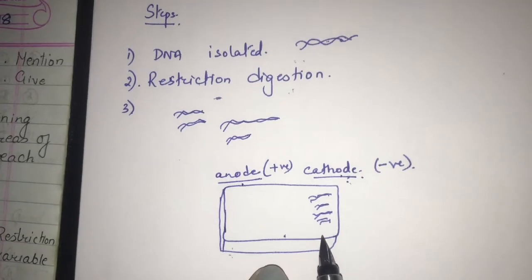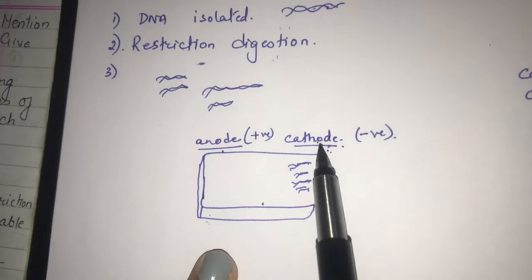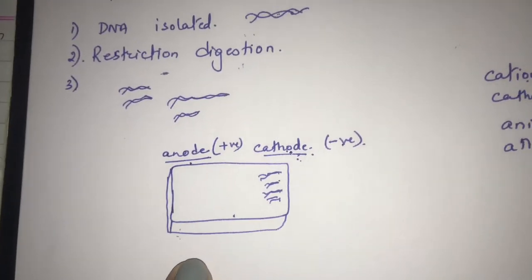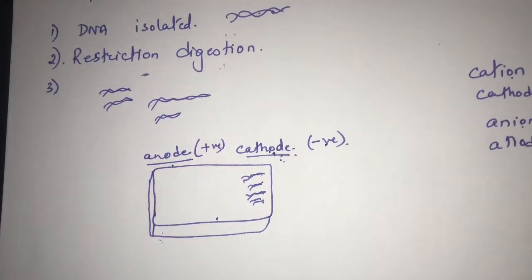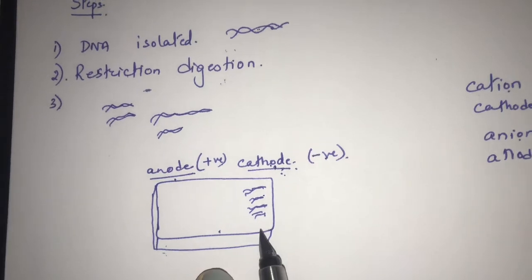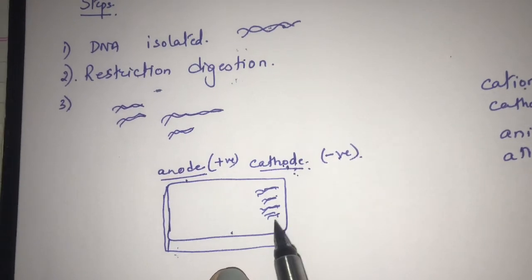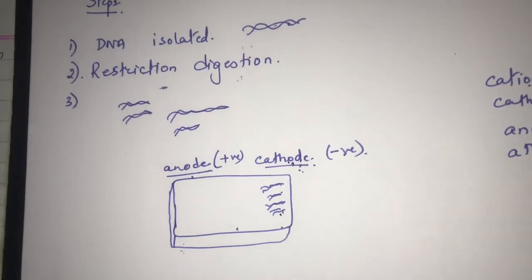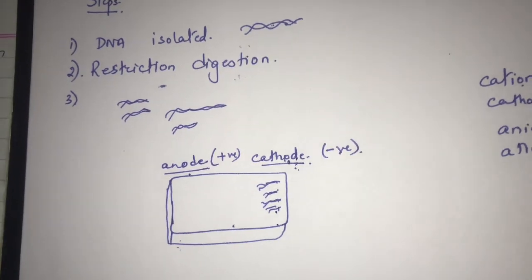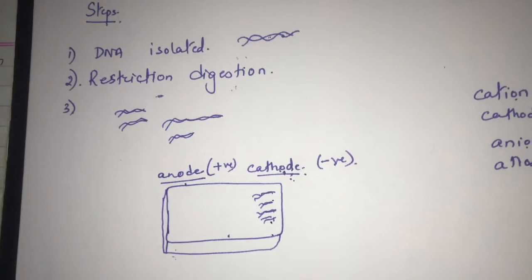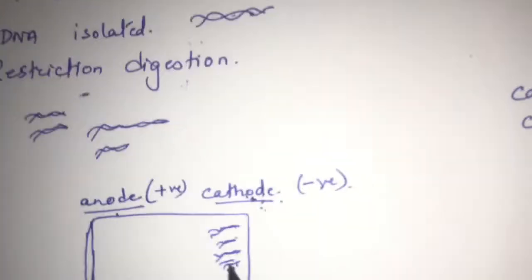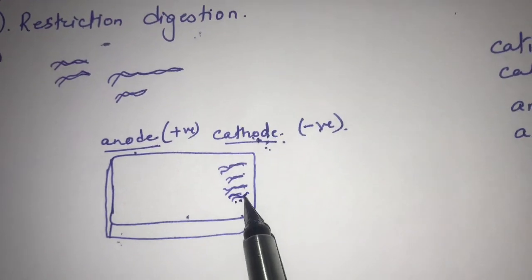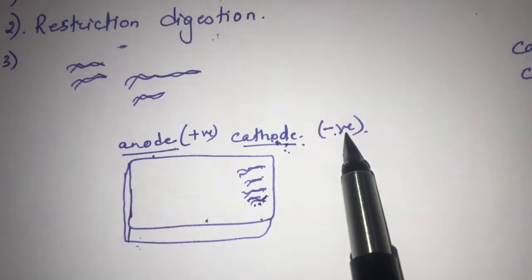So there are two electrodes, cathode and anode, and these restriction digested fragments of DNA are loaded in a well towards the negatively charged cathode. Now, DNA is a negatively charged molecule, so when it is loaded towards the cathode, it cannot stay there for long, because the cathode itself is a negative rod.